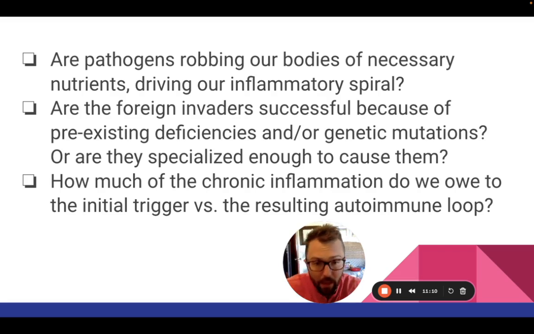And then we'll talk about this in a little bit. How much of the chronic inflammation that serves as the baseline that sets up type 1, how much of that inflammation do we owe to a trigger, something that starts that inflammation, versus the resulting autoimmune loop, the fact that our body isn't able to address the problem, isn't able to reset, and so that inflammatory loop continues.